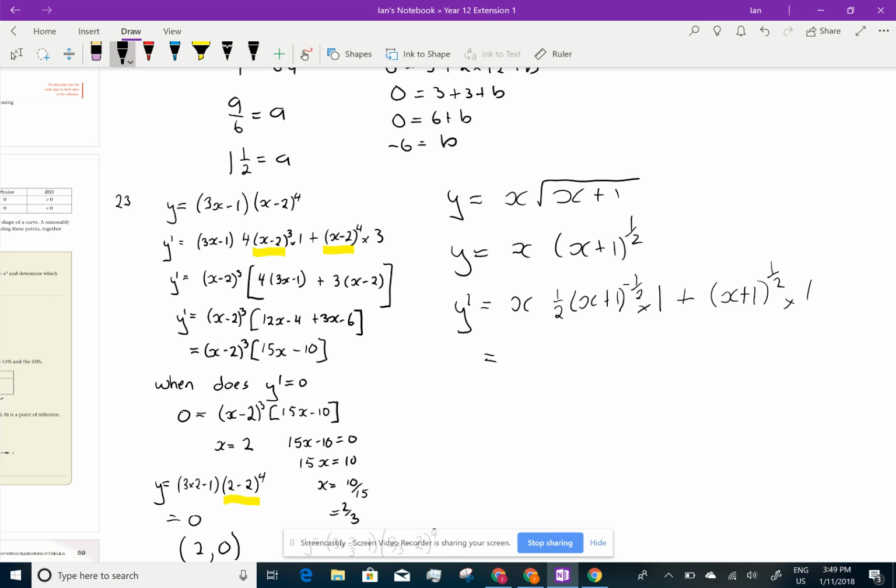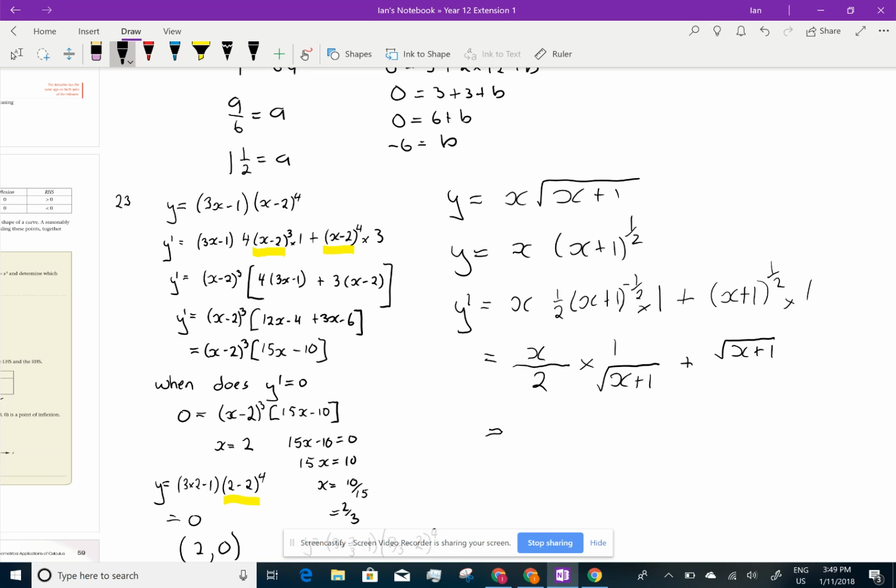Okay, so I get x on 2 times, now negative a half is 1 over root x plus 1, plus here I've got root x plus 1.